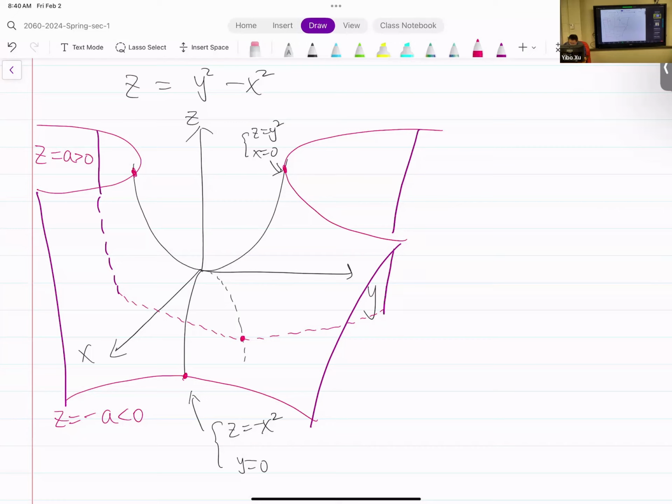And this is solid. Let me erase Y here and put it right here. So you get an idea of the shape of this surface. It looks like a horse saddle. This is called a hyperbolic paraboloid.